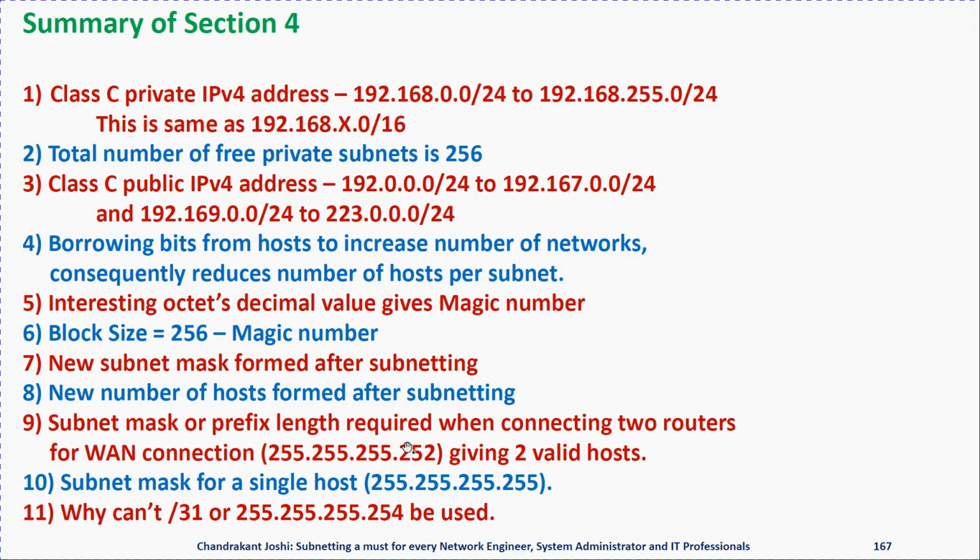Subnet mask or prefix length required when connecting two routers for WAN connection is /30 or 255.255.255.252, giving two valid hosts, one for the interface of the first router, another for the interface of the second router connecting those two routers. Subnet mask for a single host is 255.255.255.255 or /32. /31 is not allowed for us to use because there are zero number of hosts in that.